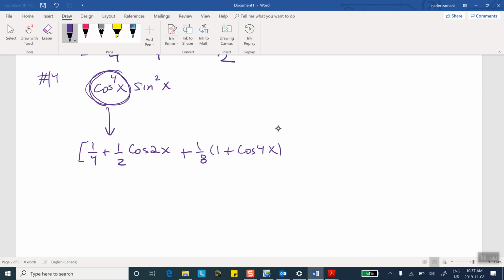Okay, that's good. So this is that term. Now this guy, we can write as 1 minus cosine of 2x over 4.